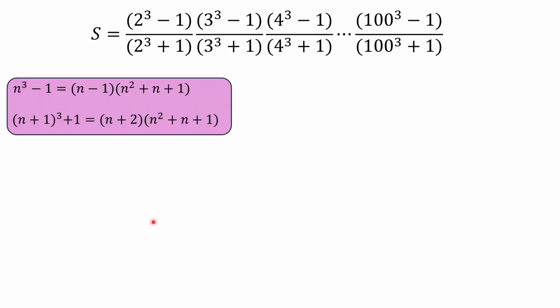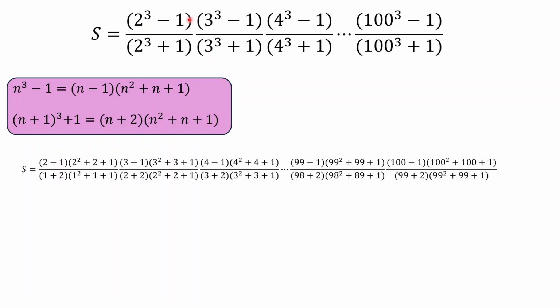Okay, so now this is our expression, and we know that n^3 minus 1 is equal to this. (n plus 1)^3 plus 1 is equal to n plus 2 times n^2 plus n plus 1. So we are going to replace every term with its equivalent. First one, we write 2 minus 1 multiplied by 2^2 plus 2 plus 1. So we use this expression. On the denominator, we have 2^3 plus 1.